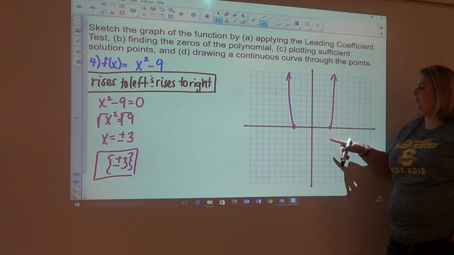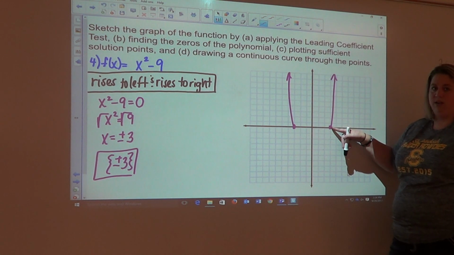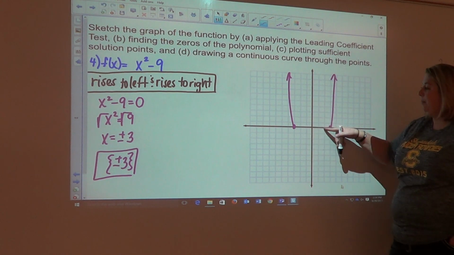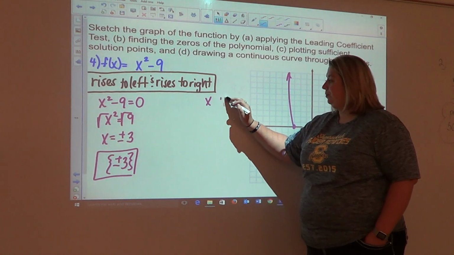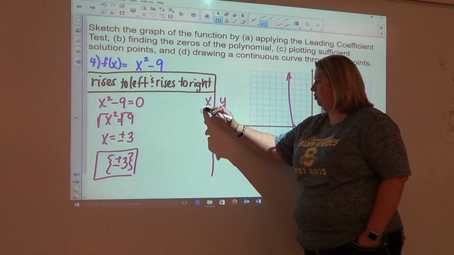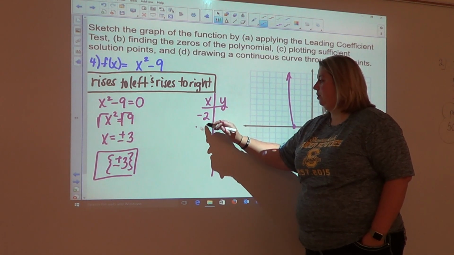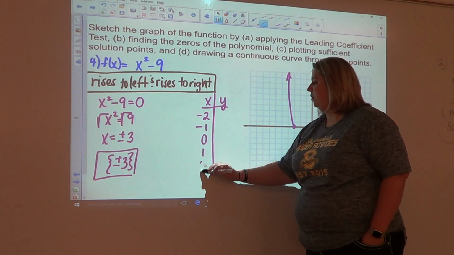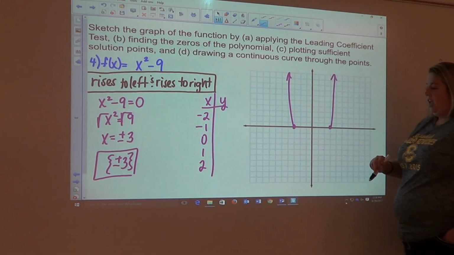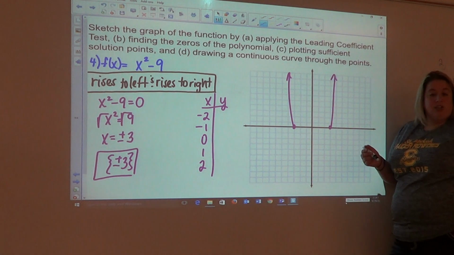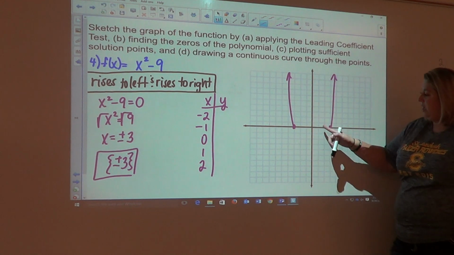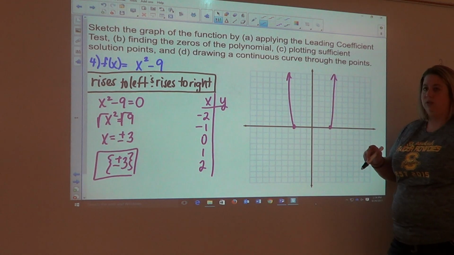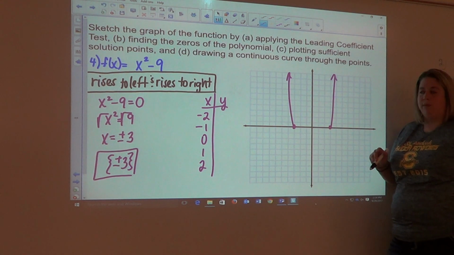So we have to find out what happens in between there. The easiest way to do that is a T-chart, and plug all those numbers in. If your numbers are decimals or fractions, you just need to plug in the integers. You don't have to plug in every single number, but you need to plug in all of the integers between them.